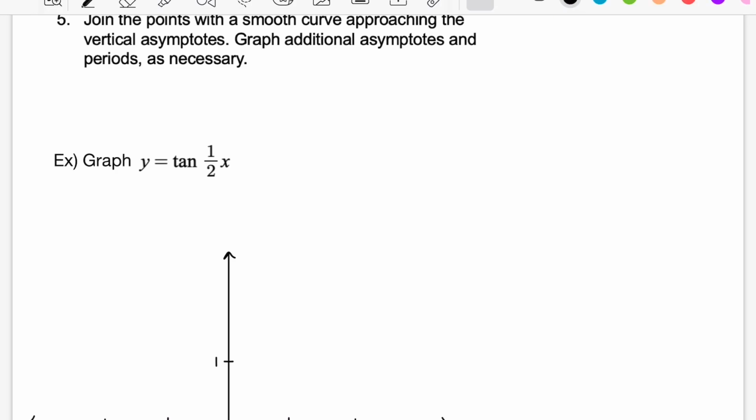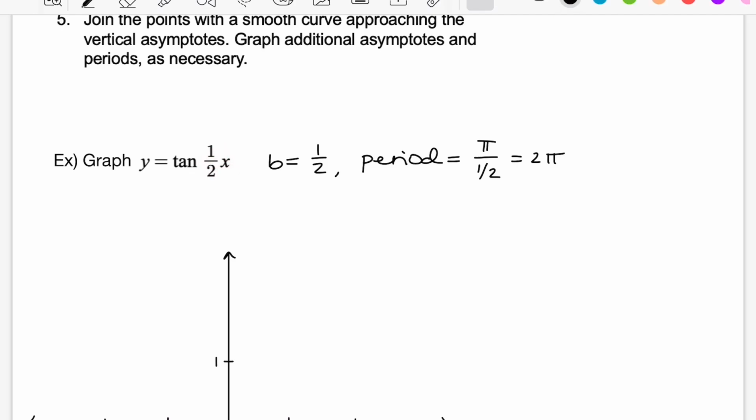So in this case here, b is equal to 1/2. So this tells us our period is going to be equal to pi over 1/2, which is equal to 2 pi. Now our bx here is 1/2 x.